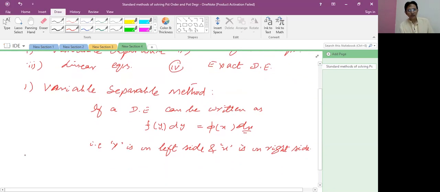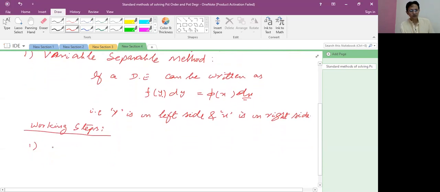So it has a working rule. There are two working steps to find the solution of a differential equation. The first one is to separate the variables, like this form: f of y into dy equals phi of x into dx.